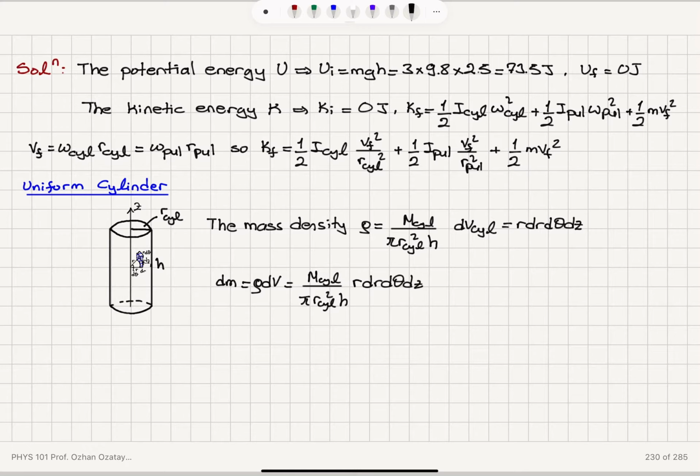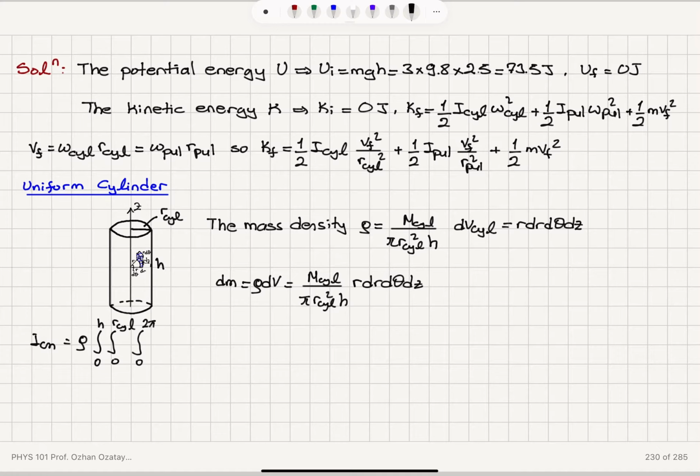Okay. Now, for rotations about the center of mass, we can write I center of mass is equal to rho times the integral: z will go from 0 to h, the radial distance will go from 0 to r cylinder, and the angle will go from 0 to 2 pi.